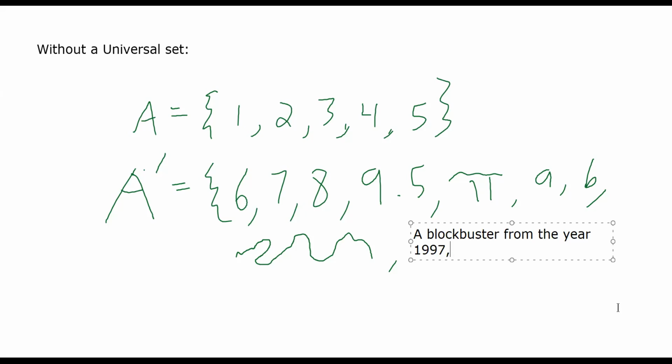What are some other things that would be in this set? Every single hair on your head would be in this set. It's literally everything in the entire known universe except for the numbers 1 through 5. Okay, so clearly that's absurd. We need to define a universal set, U, so we just zoom in on what we care about. We're just focusing on the things we care about and not weird symbols.